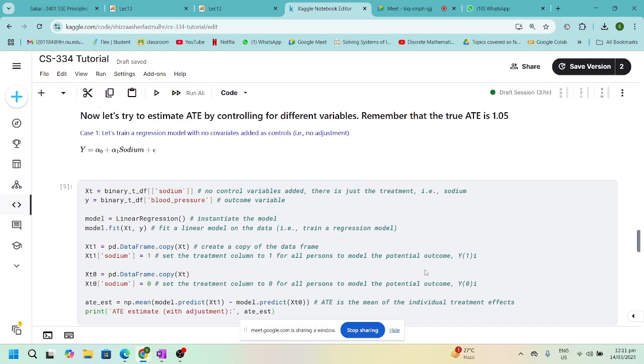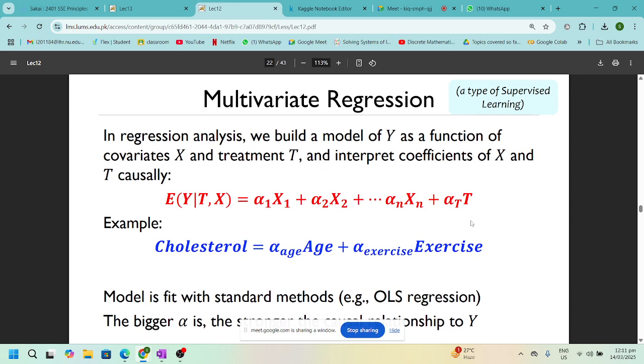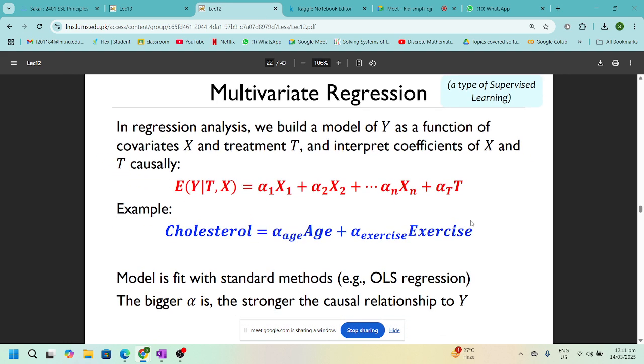Now, essentially, what we're going to try is we're going to try and estimate the average treatment effect by controlling for different variables, remembering that the true value is actually 1.05. And we're going to control for different variables using regression. So let me quickly walk you guys through what multivariate regression essentially is.